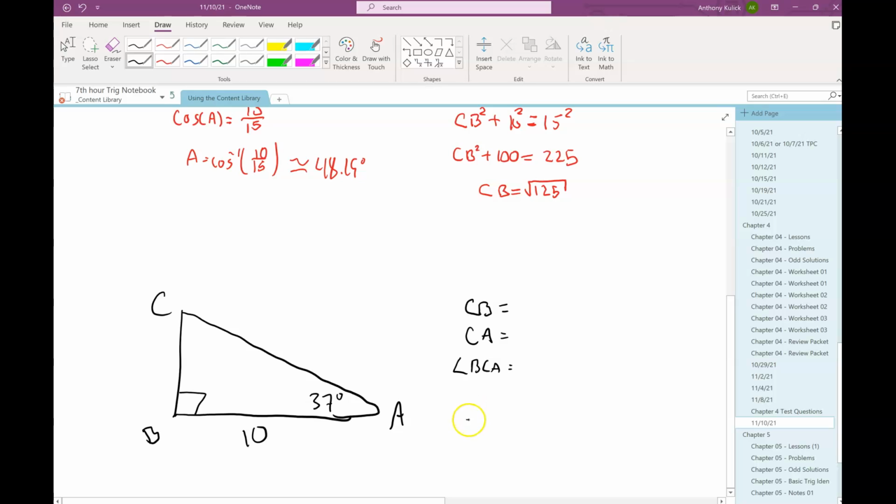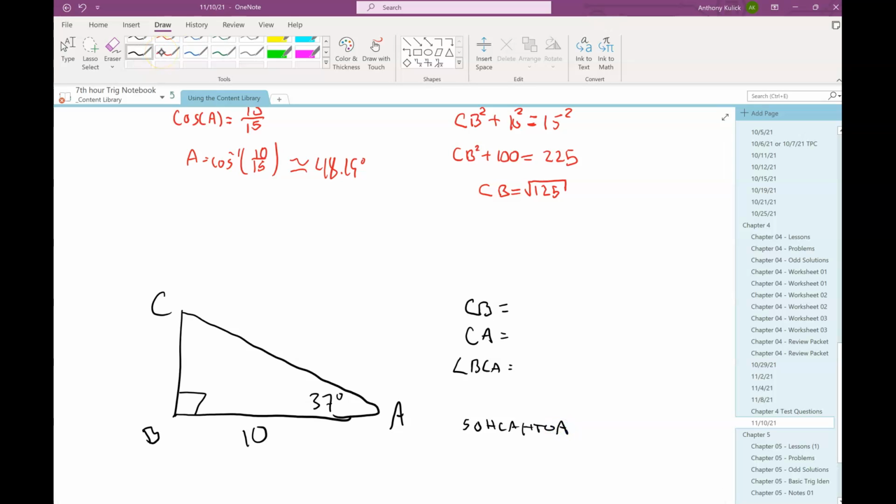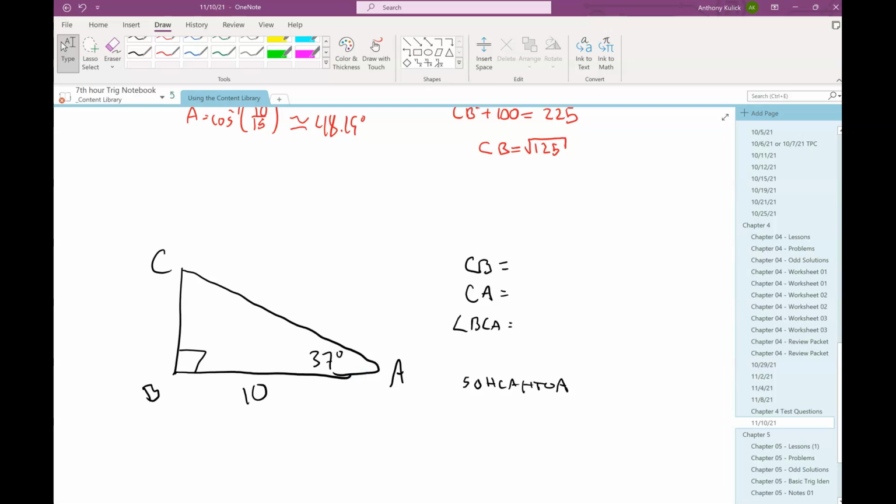Still using the same set of tools. But the tools from our toolbox we're going to use will be a little different, right? One of these three is pretty easy to get right away. What's pretty easy to get right away? BCA, right? It just has to be 90 minus 37.